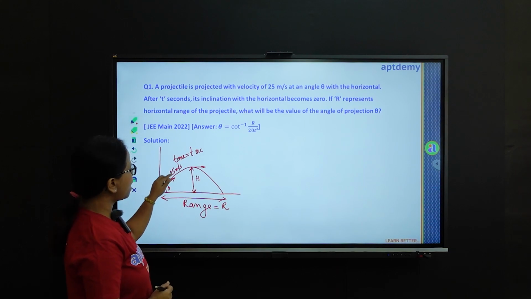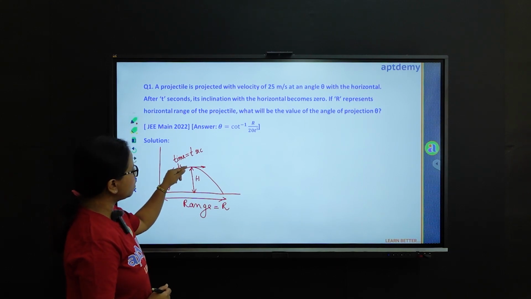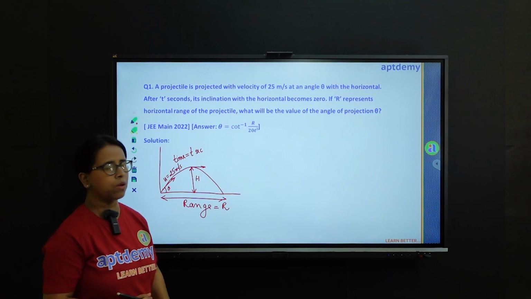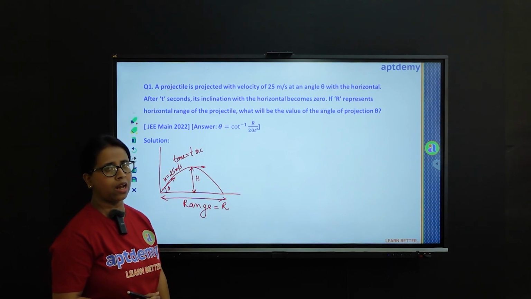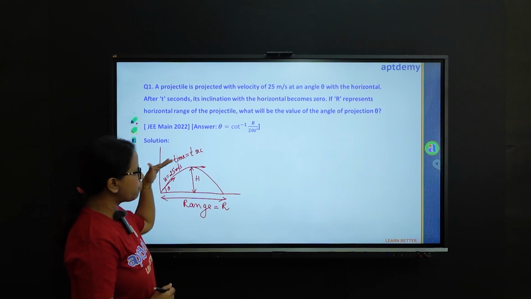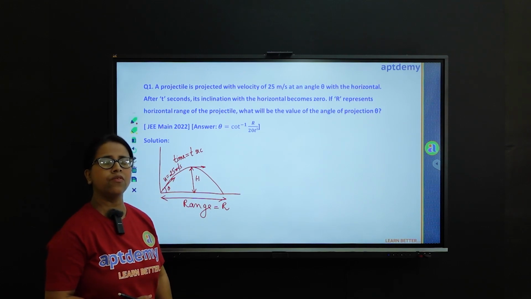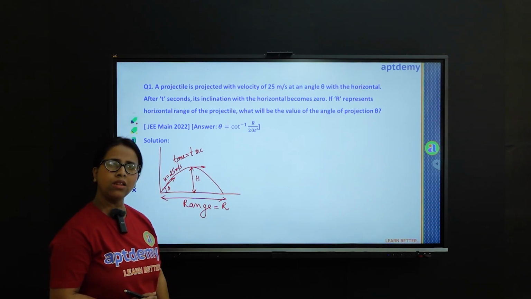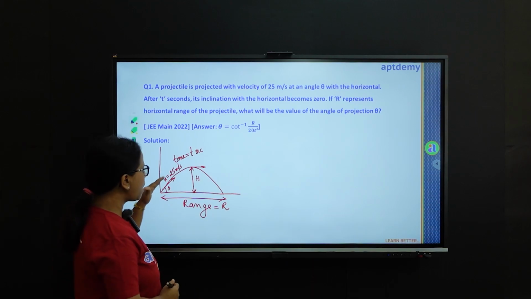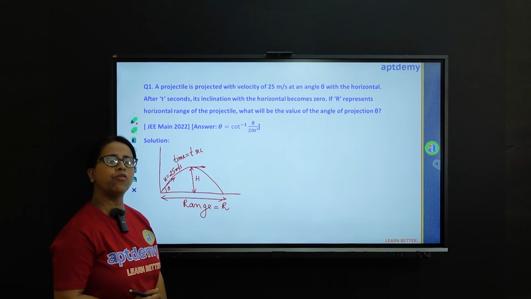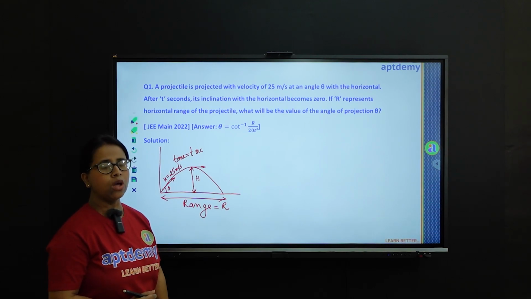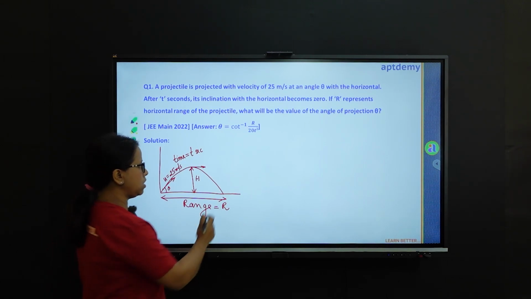So this time, the time t seconds, if you note from the diagram, is nothing but the time of ascent of the projectile. As we know, the total time of flight for the projectile is given as 2u sine theta by g. So the time of ascent and the time of descent being equal, the time of ascent will be equal to u sine theta by g.